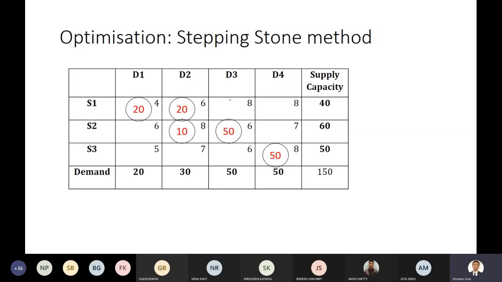That means if I assume 1 unit of allocation in this particular cell, okay, so the minute I make an assumption of 1 unit of allocation in this cell, the supply capacity, since it is fixed at 40, I will have to reduce it from either this one or this one, correct?